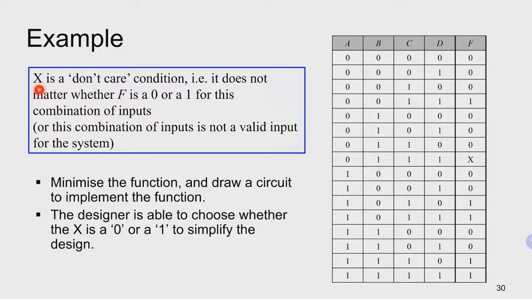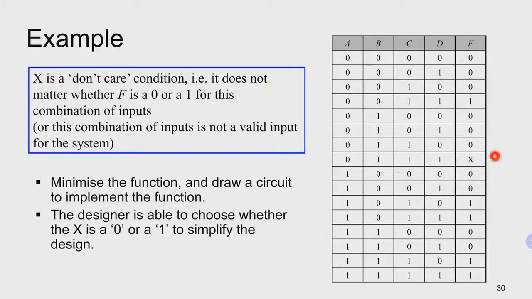In such a scenario, we call it a don't care condition, which means that we don't really care whether the output is 1 or 0. In other words, that particular combination of inputs is not a valid input for the system, so we don't use that input. So with that input, we don't care what the output is.